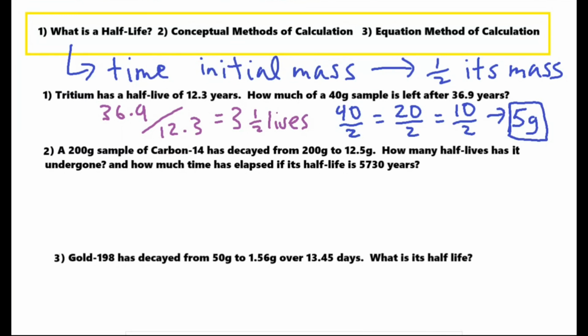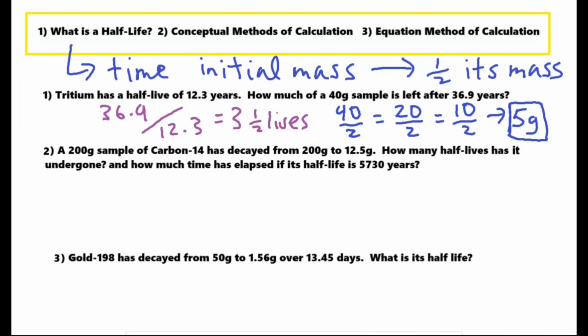And 10 divided by 2 was the third time it was sliced in half. And then we have a final answer of 5 grams. That one is a fairly simple 2-step problem. First part, find out how many half-lives we have. And then secondly, we want to make sure we divide that original number by 2 3 times.